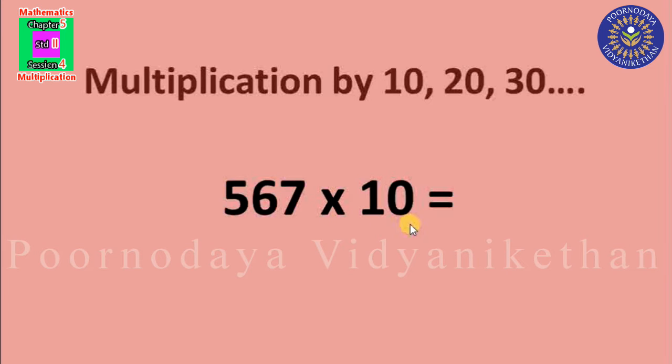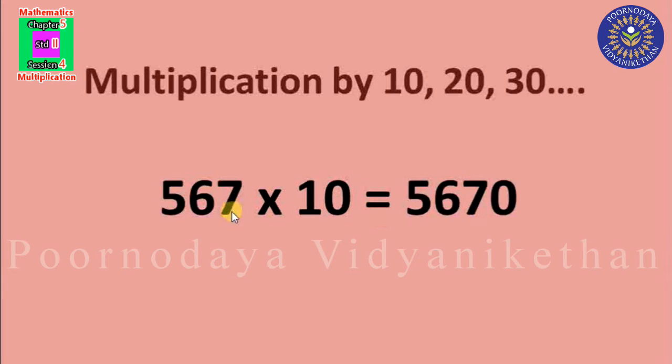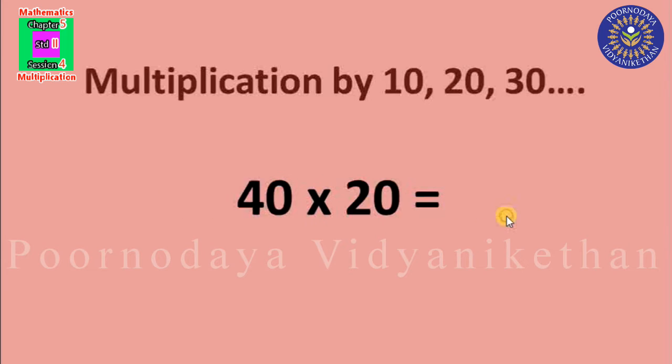How can we multiply this? Yes, first we have to multiply 567 into 1. What you will get? 567 into 1 is equal to 567. Then you have to insert the 0 at the end. Now you got 5670.